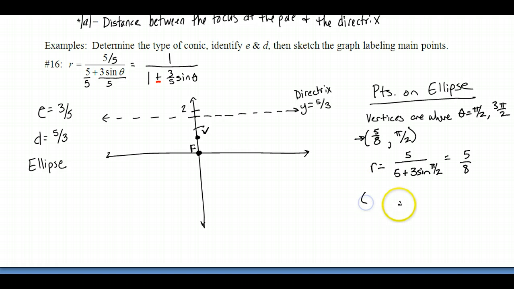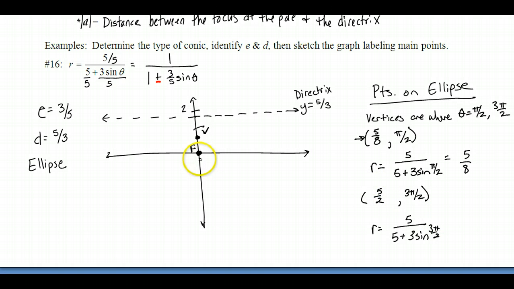I also know that I can test 3 pi/2. Well, for 3 pi/2, I would have 5 divided by 5 plus 3 sine 3 pi/2. Sine of 3 pi/2 is -1. So -1 times 3 is -3, plus 5 is going to give me 2, and now that would give me 5/2.